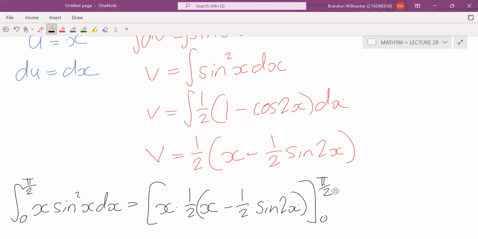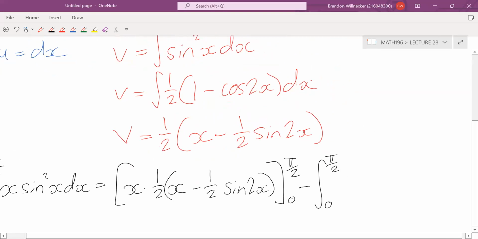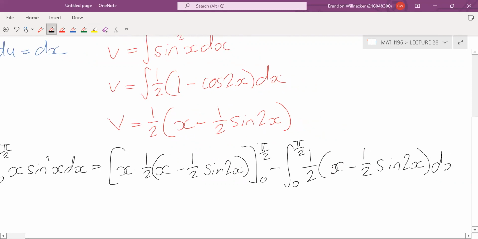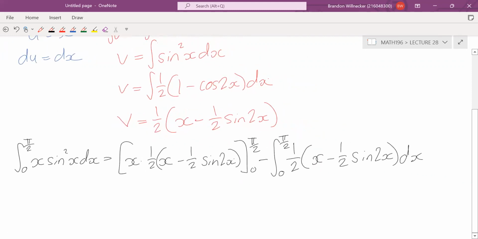Okay, so that's our u times v minus the integral from 0 to pi over 2 v du. Okay, but du is just dx, so that's easy enough to do. And then we have 1/2 x minus 1/2 sine 2x dx. Okay, so that's everything there.